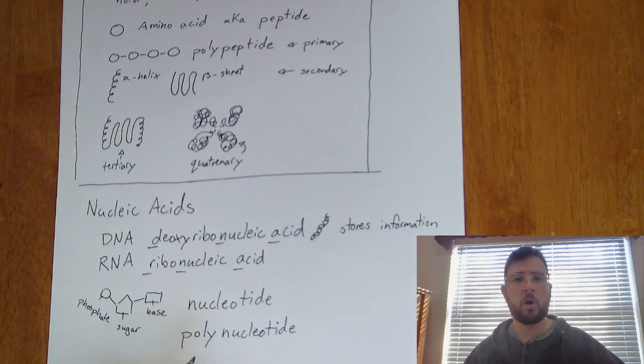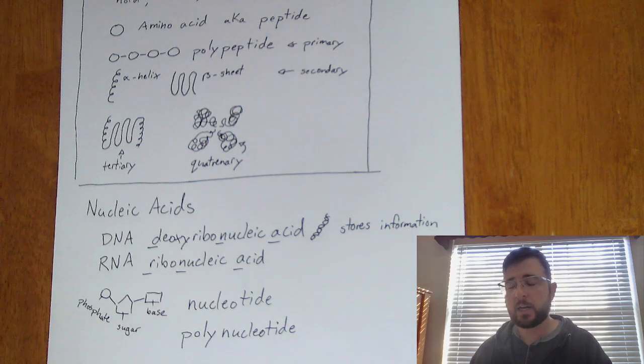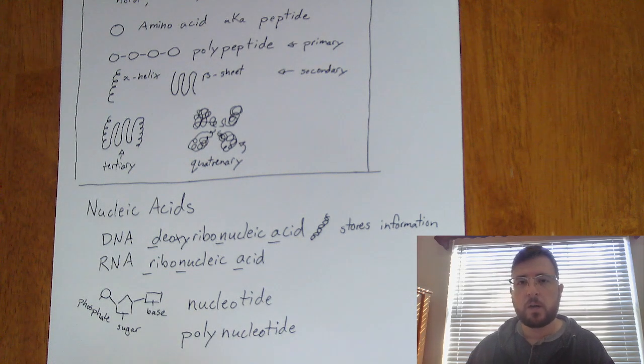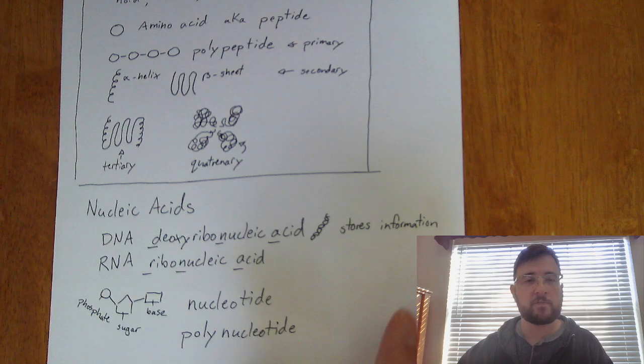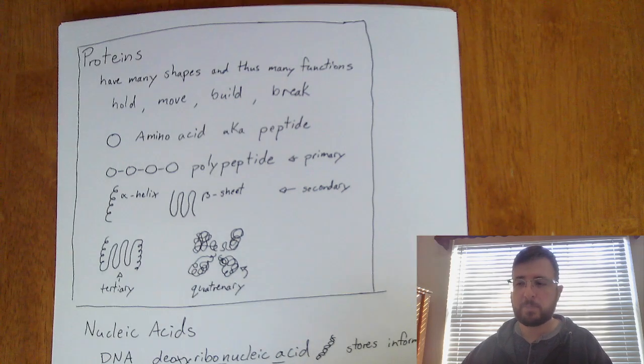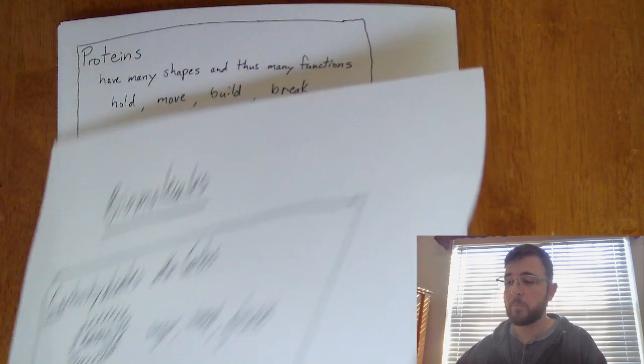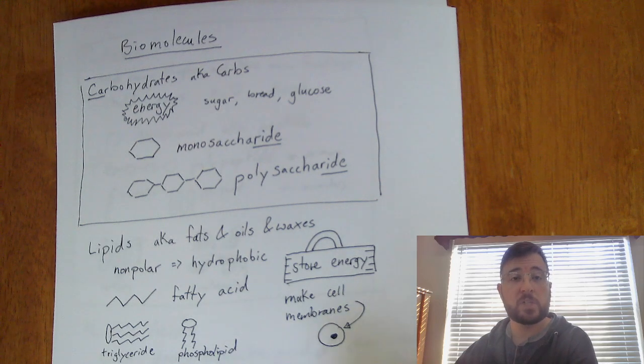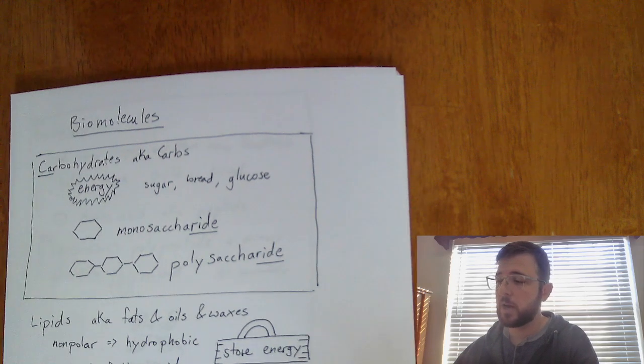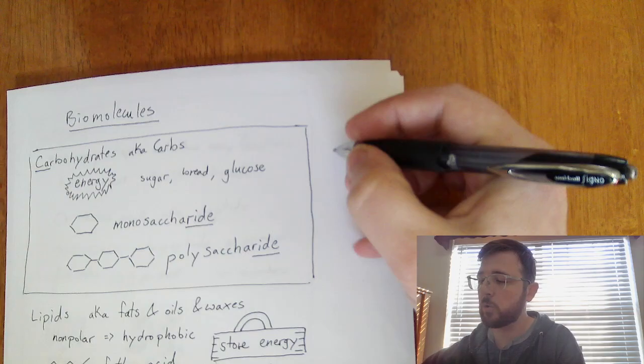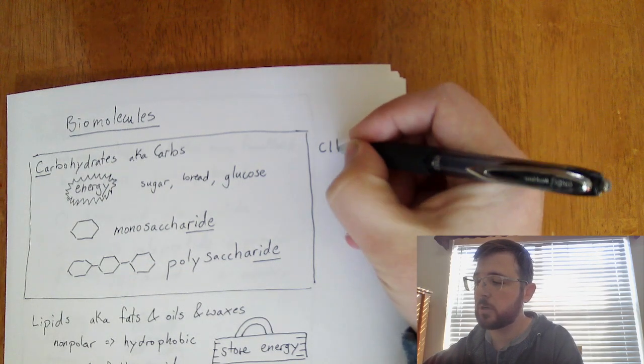Now we talked about all four of these different biomolecules, and while I said you don't have to figure out their chemical structures yet for this course, there is a special tool you can use to help you identify their chemical structures. And that is CHO-CHON-CHOMP.